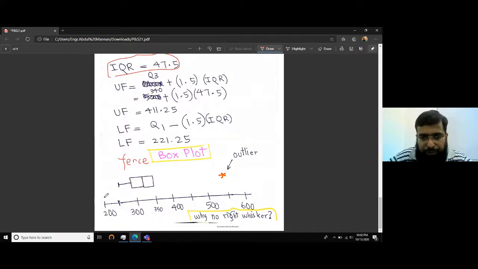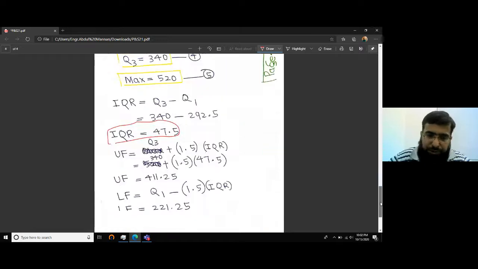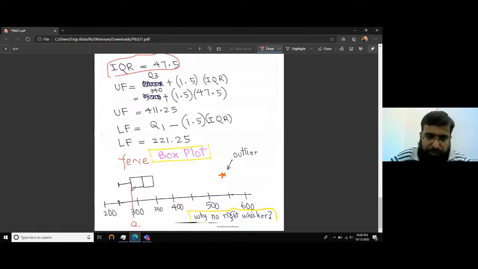So the box plot would be, the left line would be the Q1. How much? Q1 is 292.5. It's not 300, it's 292.5, just before 300. The right limit is Q3.